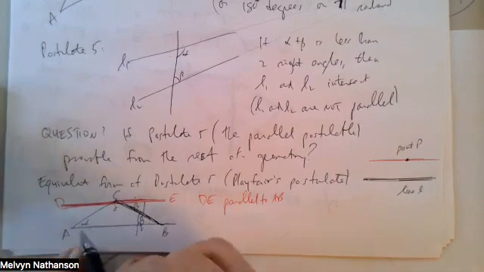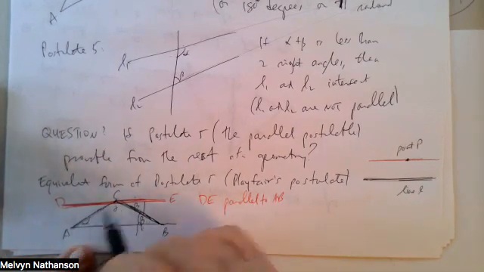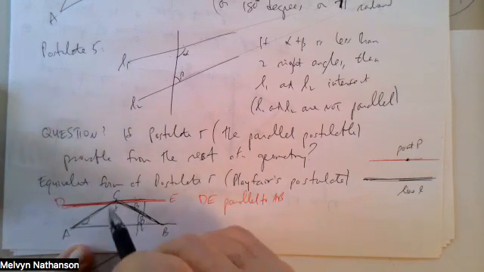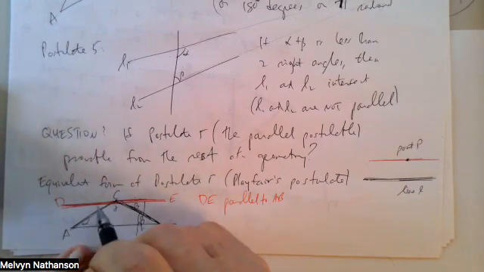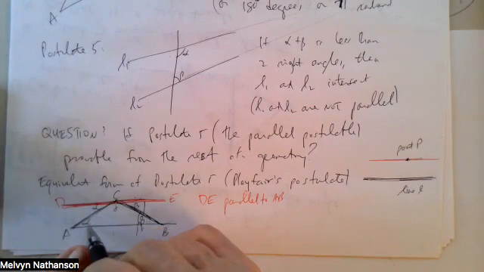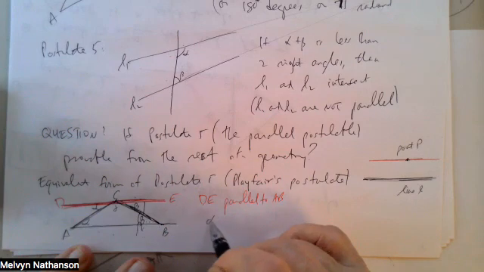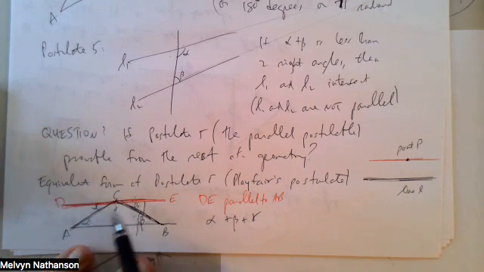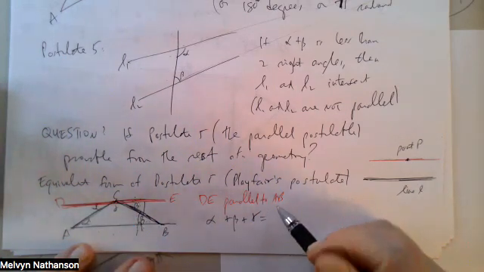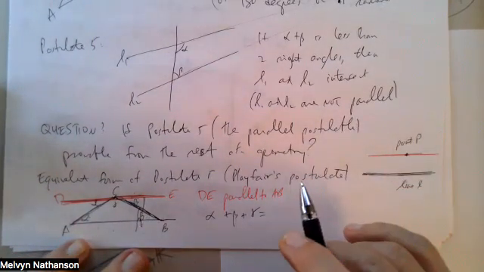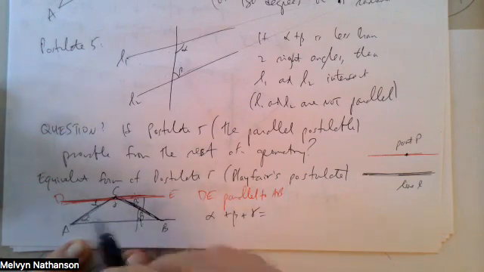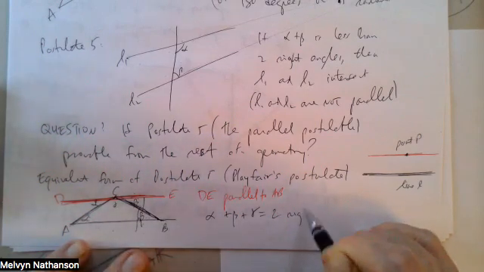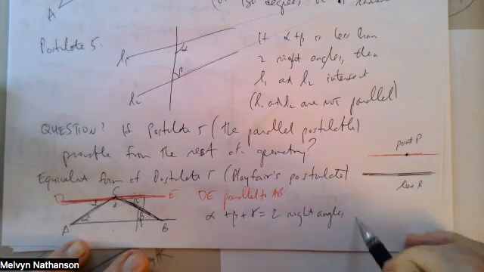And similarly, the line AC cuts these 2 parallel lines, AB and DE. So this angle and this angle are alternate interior angles, and they're equal. So if you look at the sum of the 3 angles of the triangle, alpha, beta, and gamma, that's exactly the sum of these 3 angles on the top line, which make up a straight line, and the definition of two right angles is the sum of the angles that make up a line. End of proof.